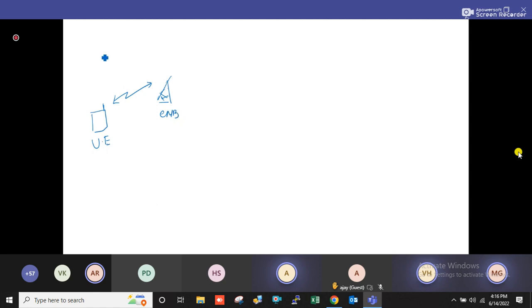This particular part is called UTRAN, UMTS Terrestrial Radio Access Network, or it is called LTE. Both are one and the same.